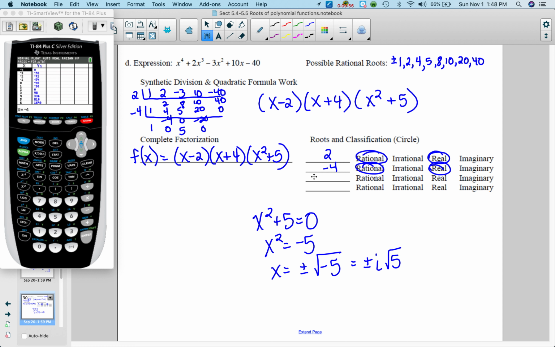So we get i root 5 and negative i root 5. Those are both imaginary. These are considered pure imaginary. Which means that this only crosses the x-axis twice because these imaginary roots tell us it's not going to cross there. But that would be our answer for that problem.